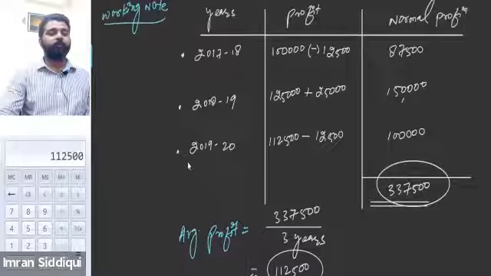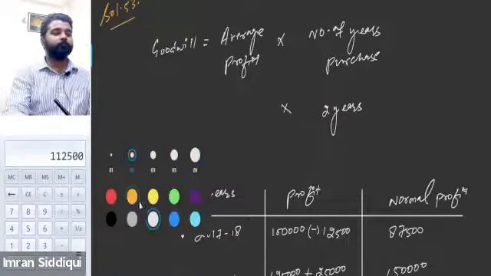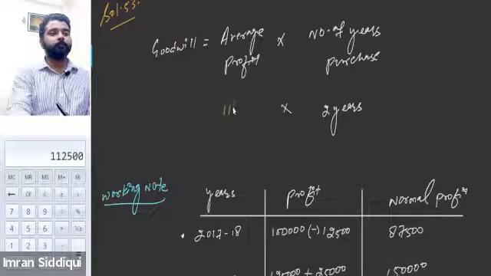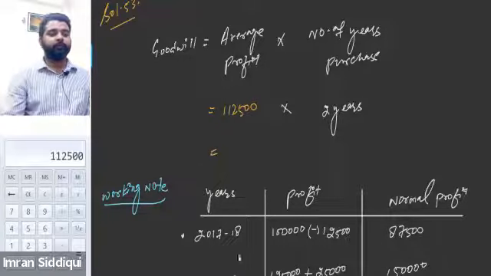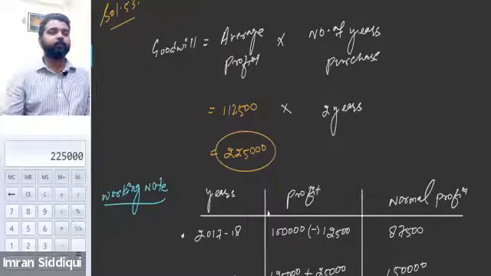And now we will take this value in our formula: 1,12,500 multiplied by 2, we will get 2,25,000. This is our solution.